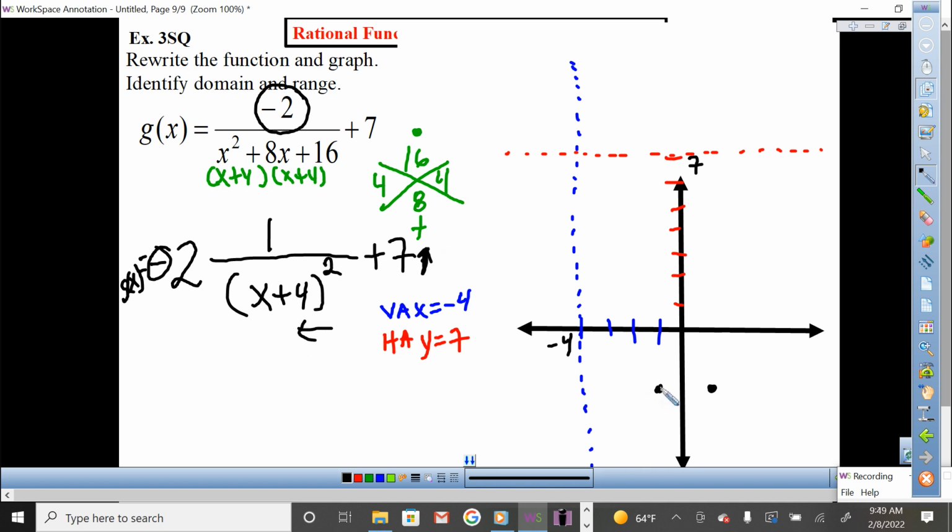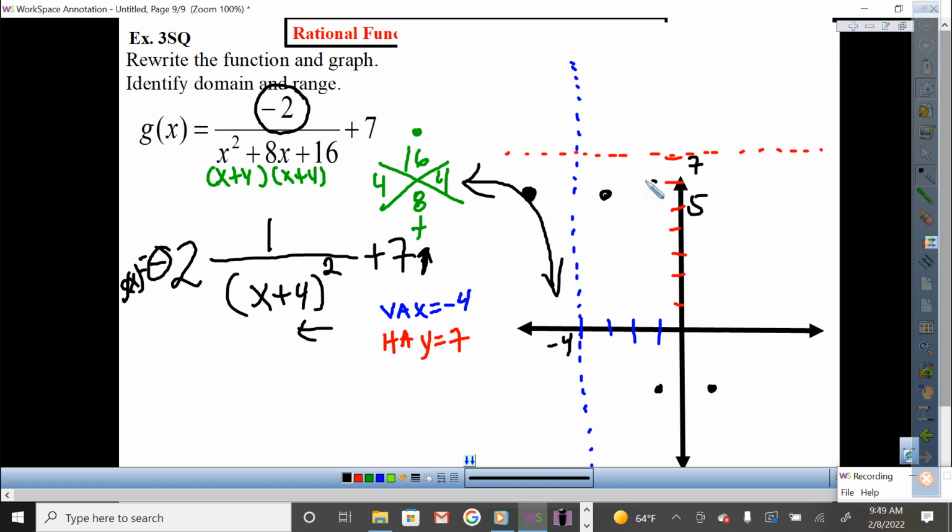So we go 1, 2, 3, 4, and then 1, 2, 3, 4, 5, 6, 7. So from 7 we should be at 5 now, at 5. And on this side again, at 5. So our graph is down here.